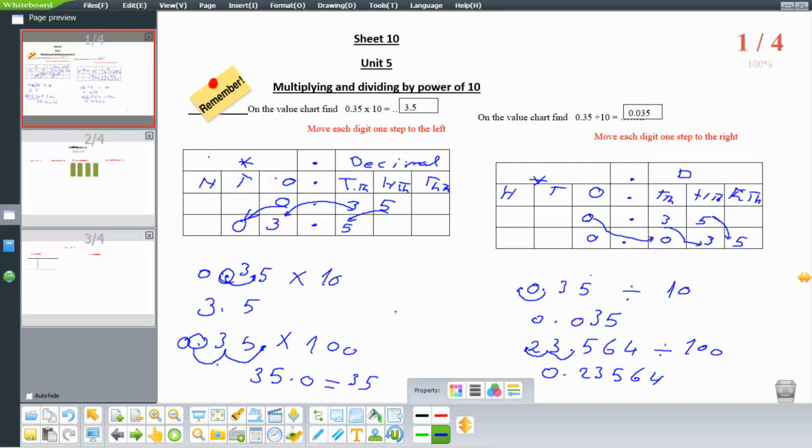So if I want to move the decimal point in multiplication, we are going to move to the right. If I want to move the decimal point in division, we are going to move to the left.